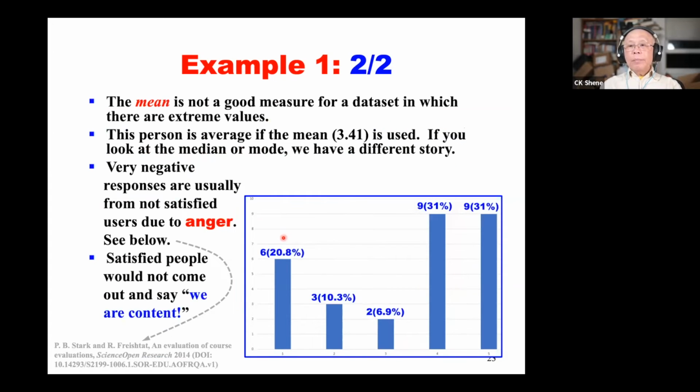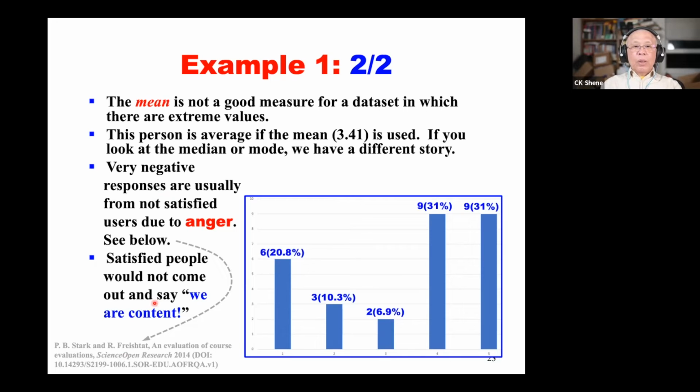Look at the diagram again. More than 60% of students believe this professor is a very good or even excellent one. Only 20% will give this professor a very poor result. So as we mentioned over and over, very negative responses are usually from not satisfied users due to anger. I strongly encourage you to read this paper to know more, because satisfied people would not come out and say, we are content.